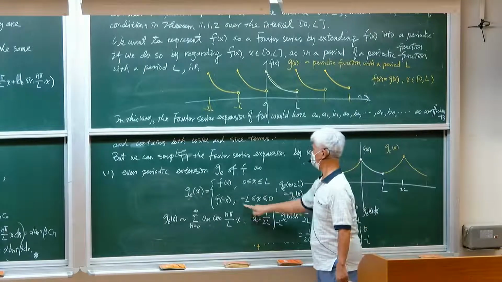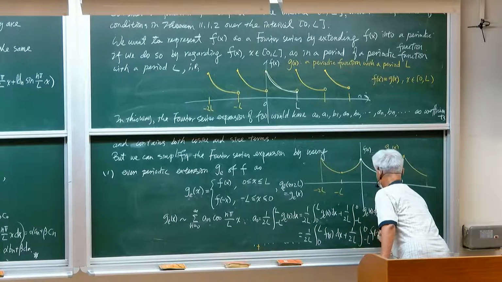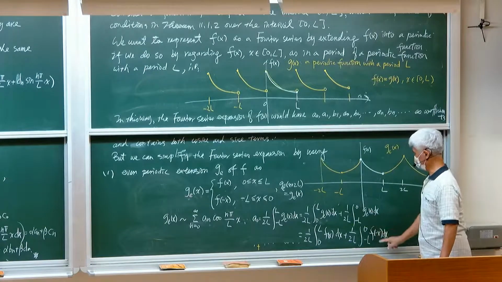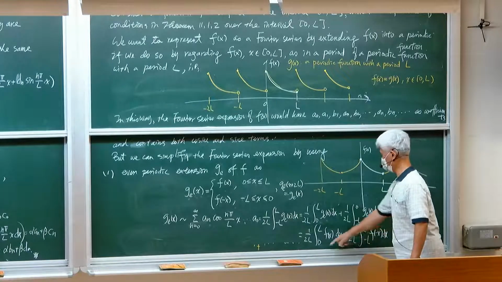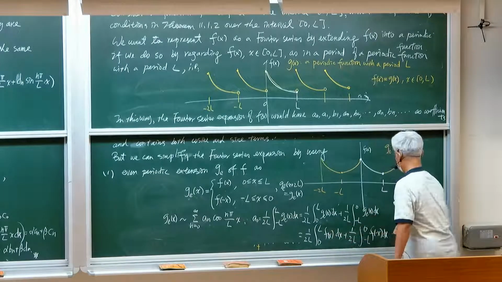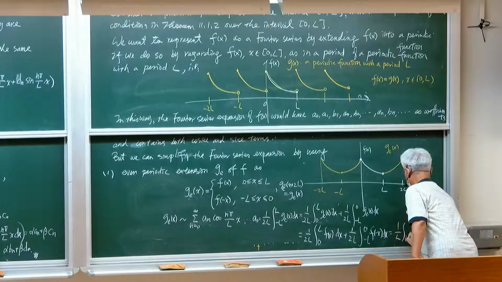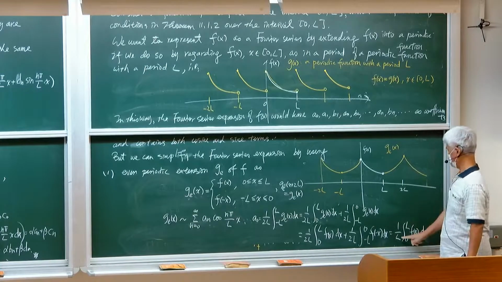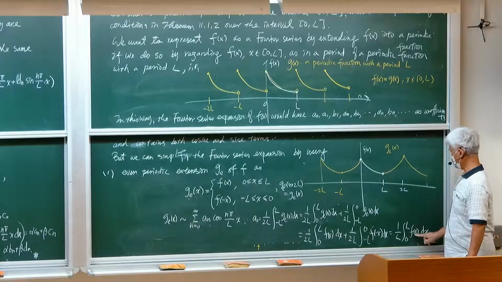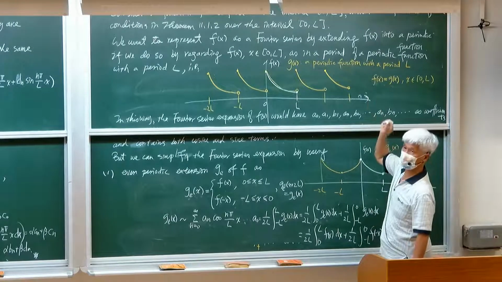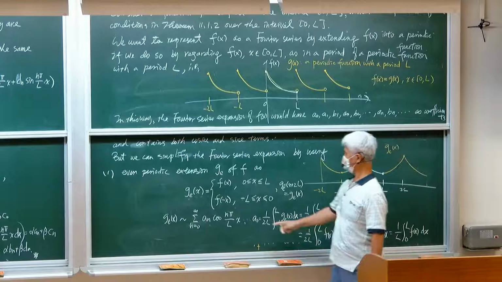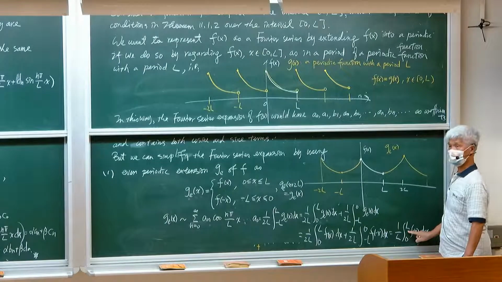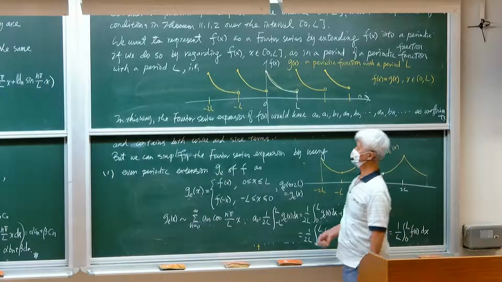And in this range, it is f of minus x. By change of variable, this integral is the same as this integral. So finally you have the integral dx. Again, because we are given f of x only over 0 to L, the coefficient a_0 can be obtained by this integral from 0 to L divided by L.